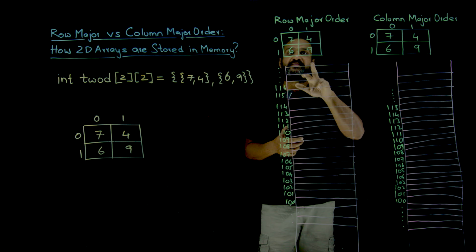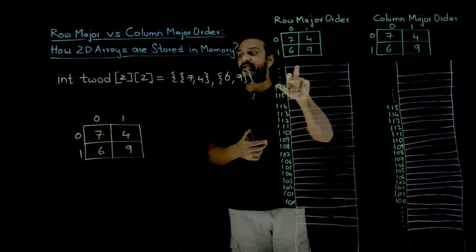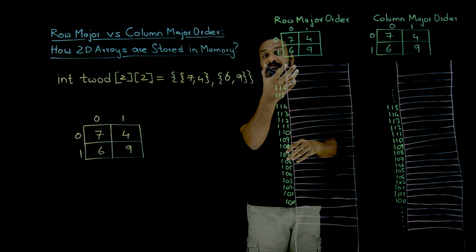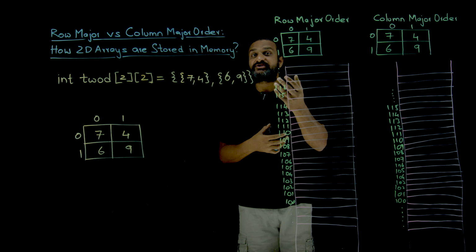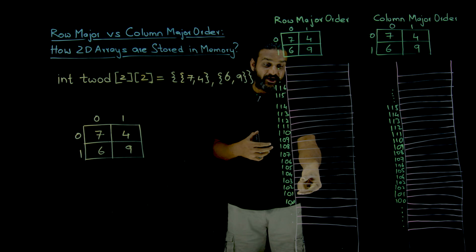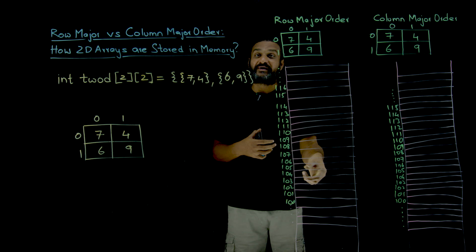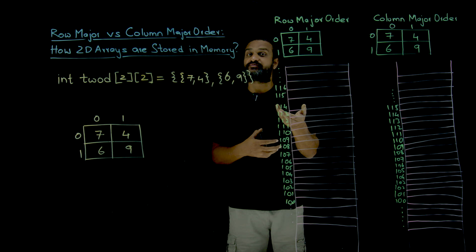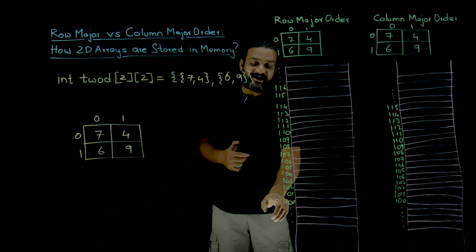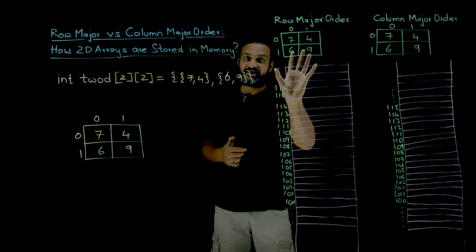So how many elements are there? 4 elements are there, and the elements of this array are integer types. Let's assume that an integer occupies 4 bytes of space. So how many bytes of space are required? 16 bytes of space are required. And let's assume that the memory allocation for this array starts from 100.